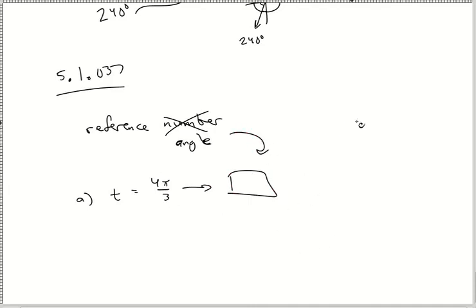What do they mean by reference angle? So let's say that I got some kind of angle right here, and that would be 315 degrees, let's say. Then the remainder to get back to the x-axis would be 45 degrees. Not necessarily a full circle.